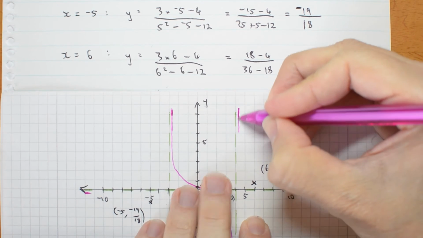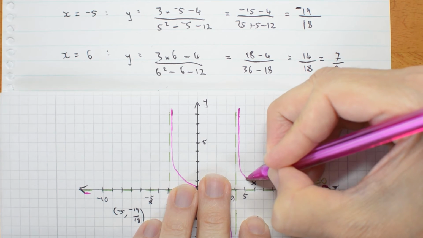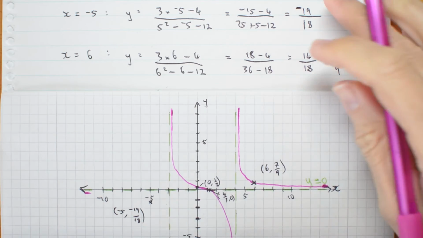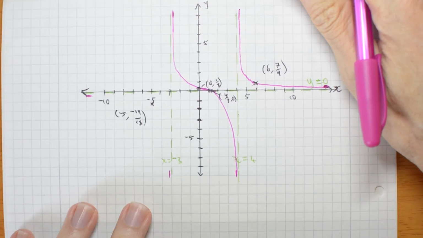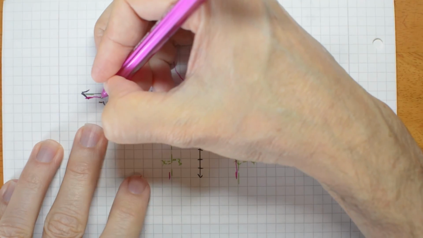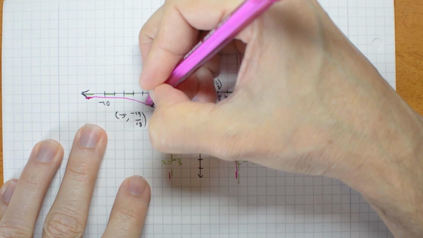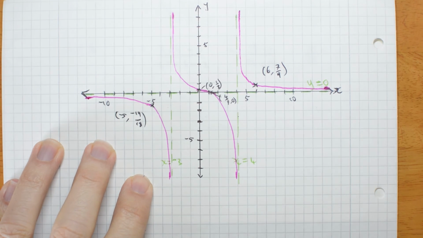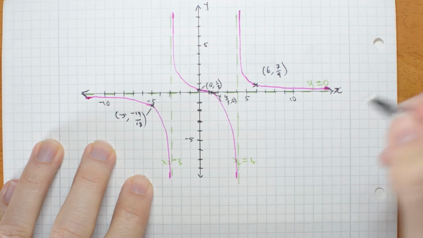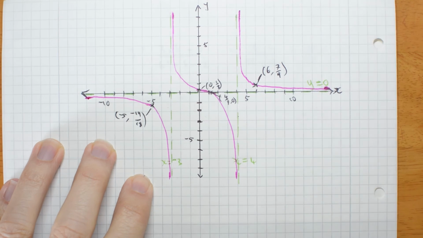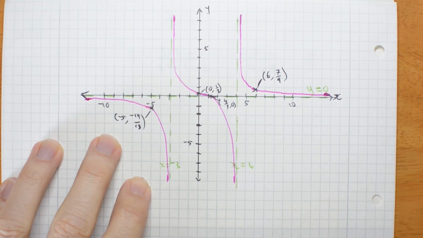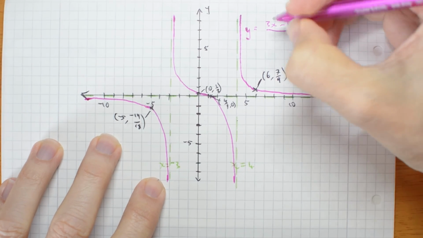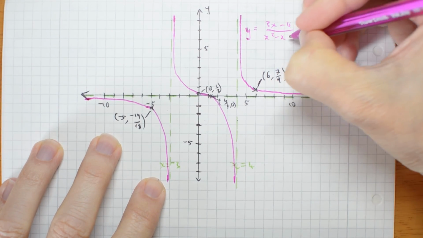So this one comes all the way down, curves just a little bit, and then goes out. And this one comes out here, goes through that point there, and goes down. It might be worth just highlighting it's that point there and that point there. And there is my graph of (3x - 4) over (x squared - x - 12).